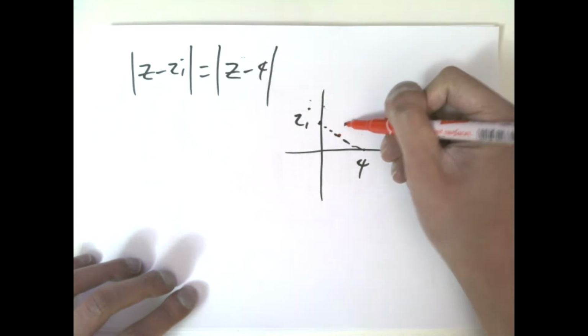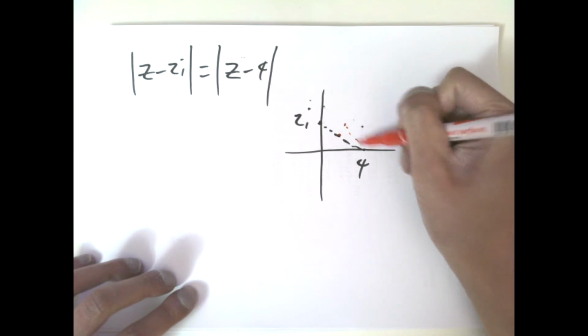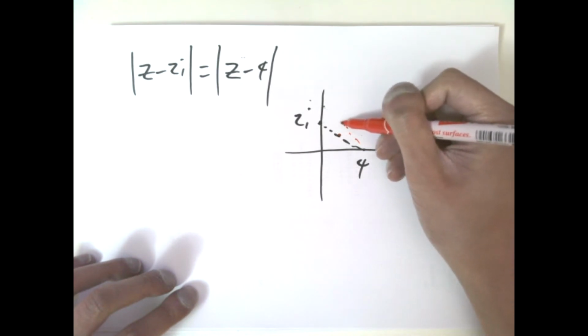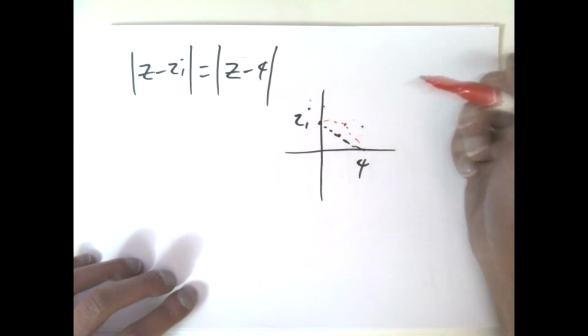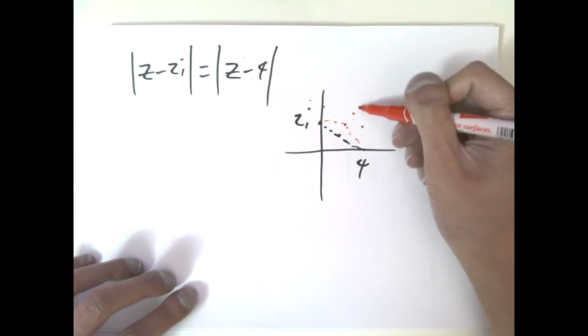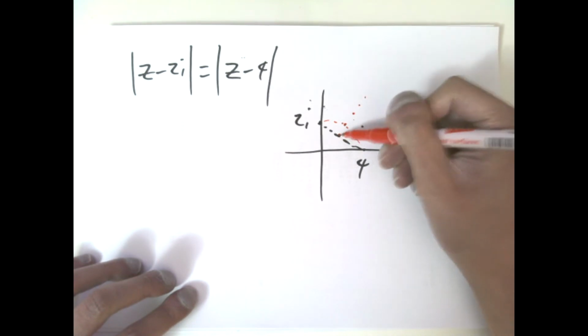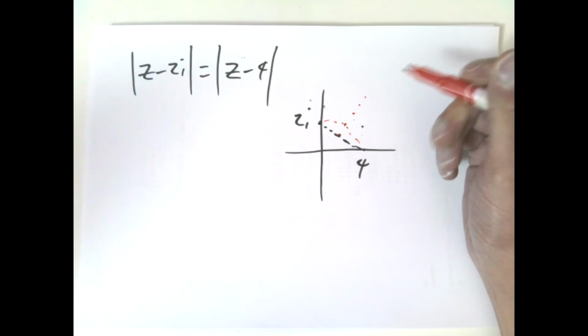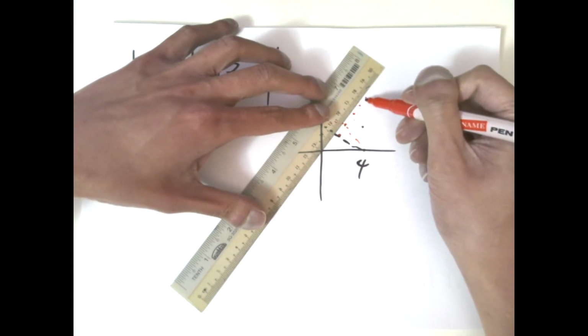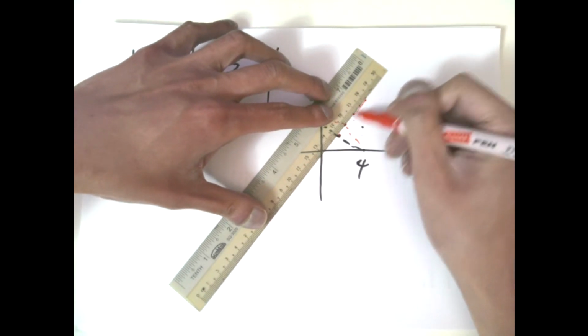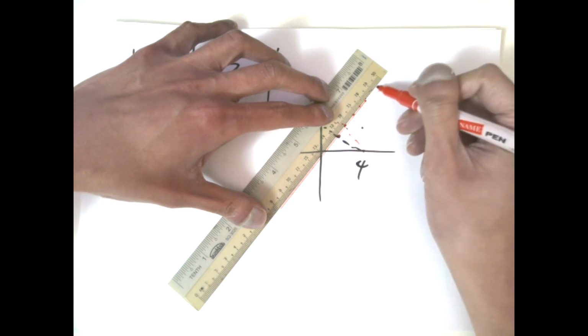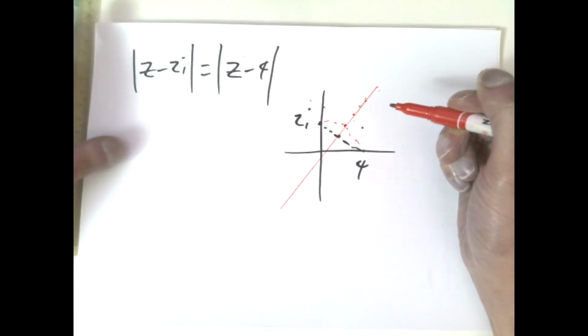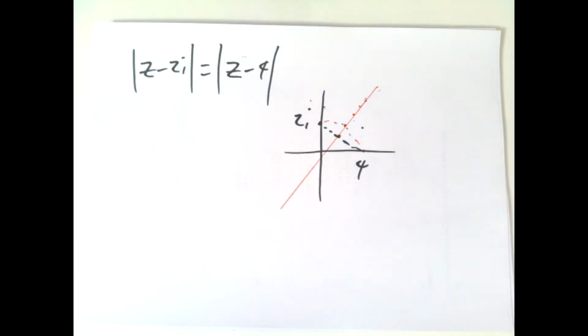It could be here, because the distance from 4 and the distance from 2i will be the same. But it could also be here, and here, and here, and anywhere along this line. Anywhere along this red line satisfies the locus of this perpendicular bisector system.